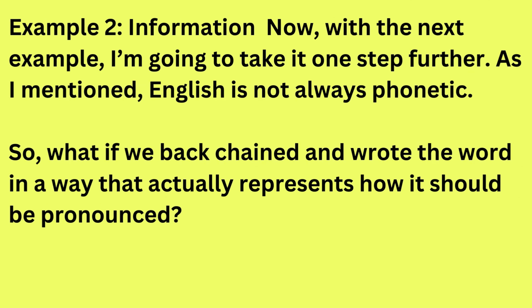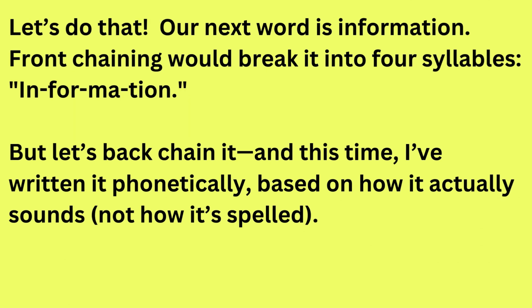Example 2, information. Now, with the next example, I'm going to take it one step further. As I mentioned, English is not always phonetic. So, what if we back chained and wrote the word in a way that actually represents how it should be pronounced? Let's do that.